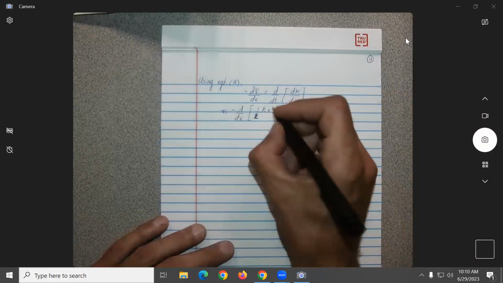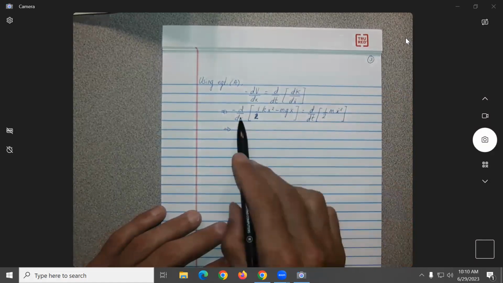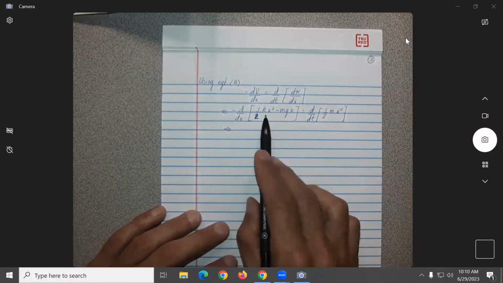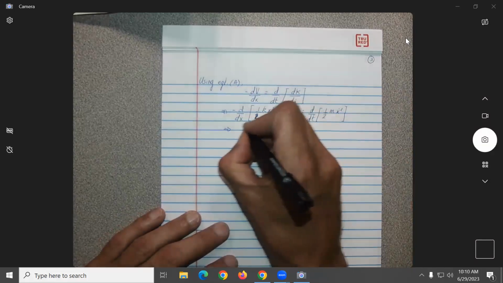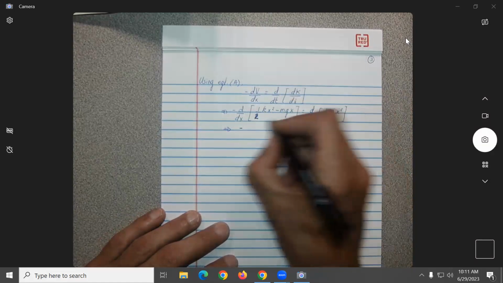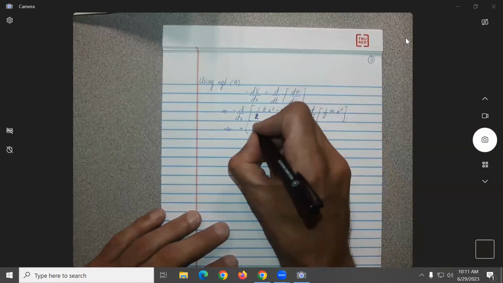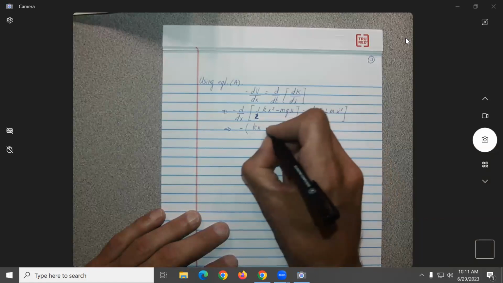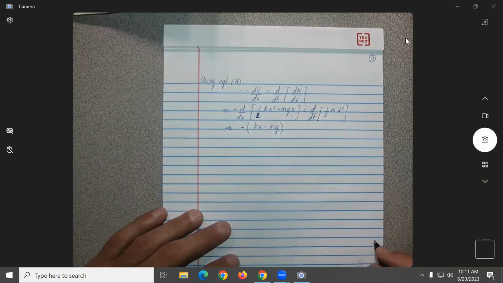Okay, so let's see. What is this going to give you? If you take the derivative of this with respect to x, what are you going to get? Let's not forget the minus here. You're going to get kx minus mg.